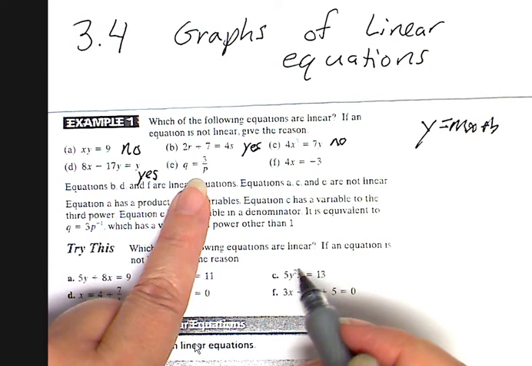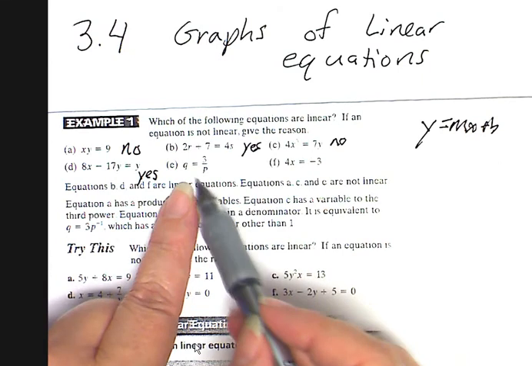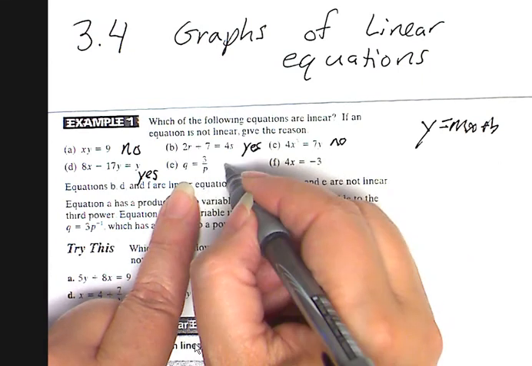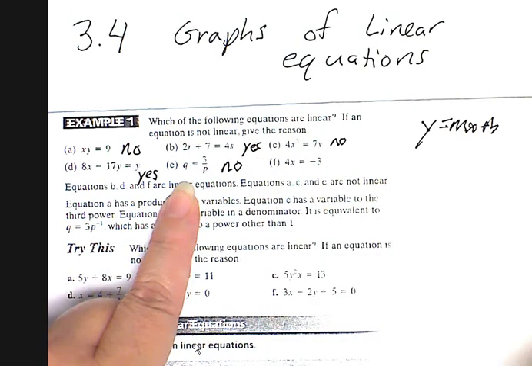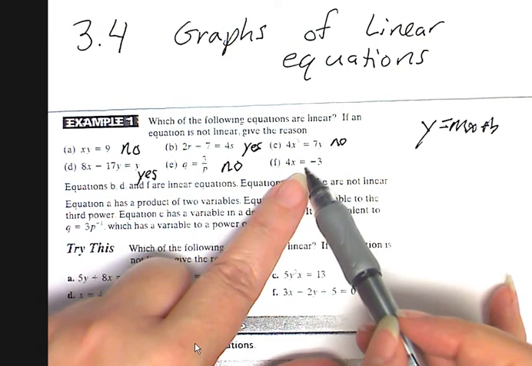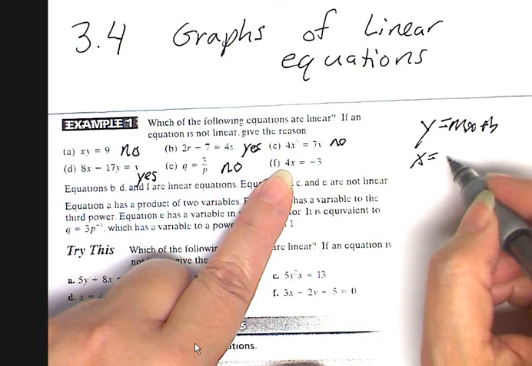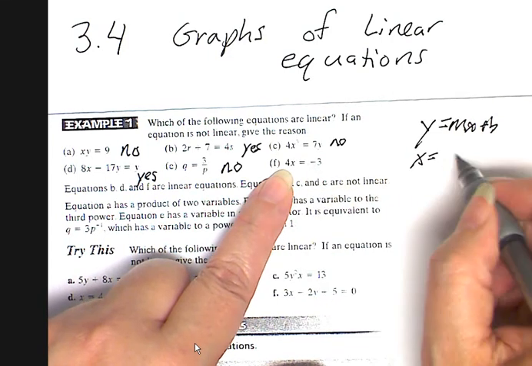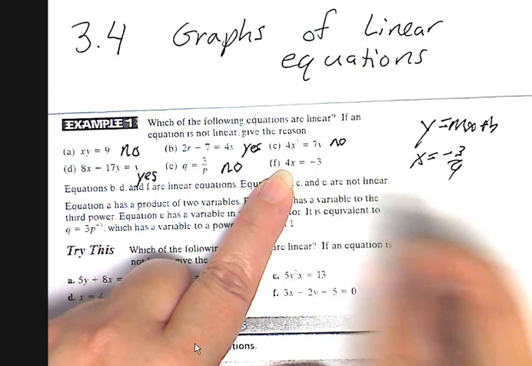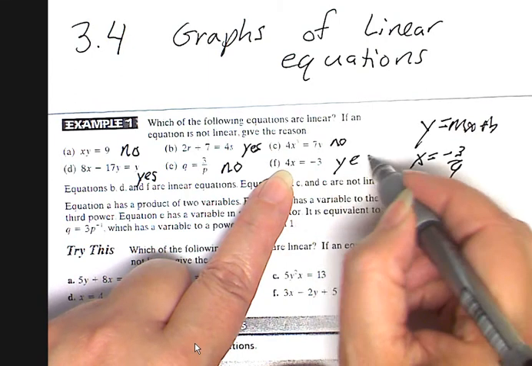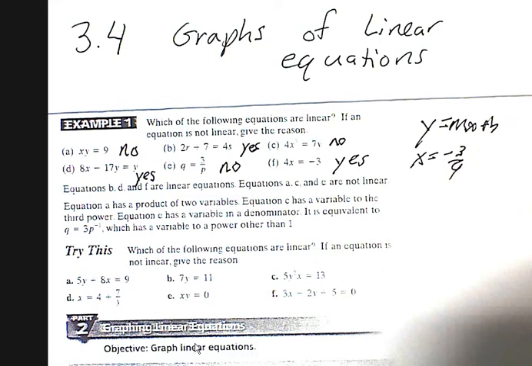This next one is no, because you cannot have your variable on the bottom. And the last one, is this linear? Remember, you can have x equals a number. So if I divided by 4, that would be a negative 3/4. So this is yes.